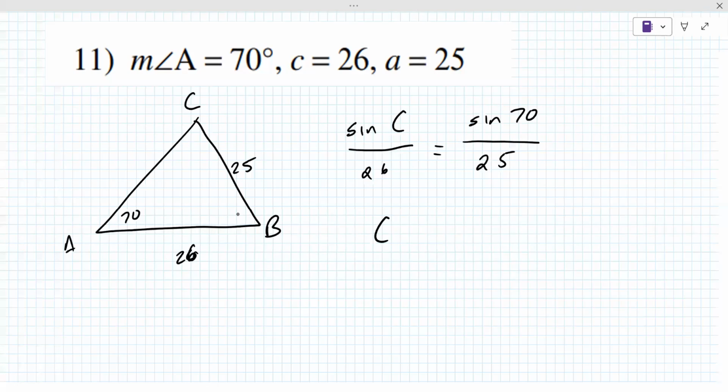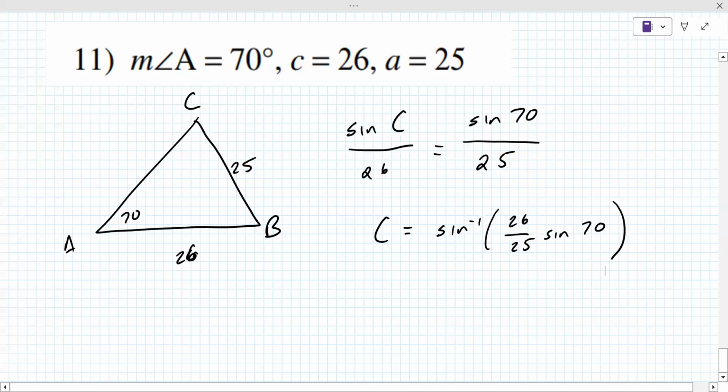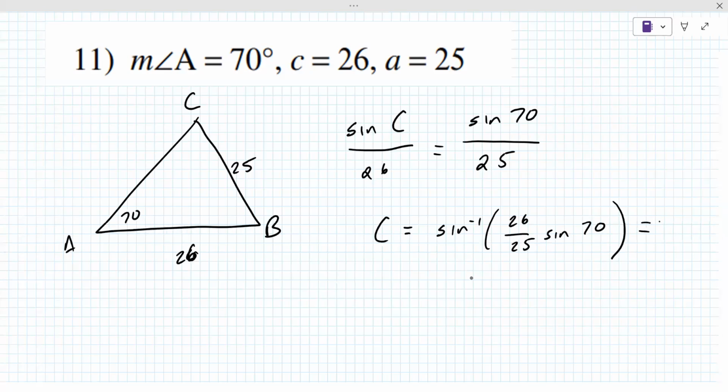So when we solve for C here, it's the arc sine of 26 over 25 sine 70. Will you calculate that for us, please? 77.8. Yes, C is 77.8.